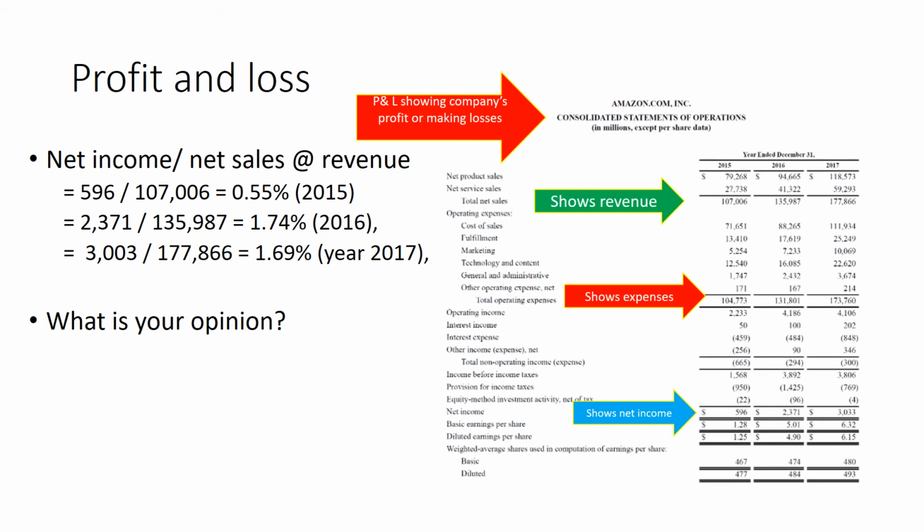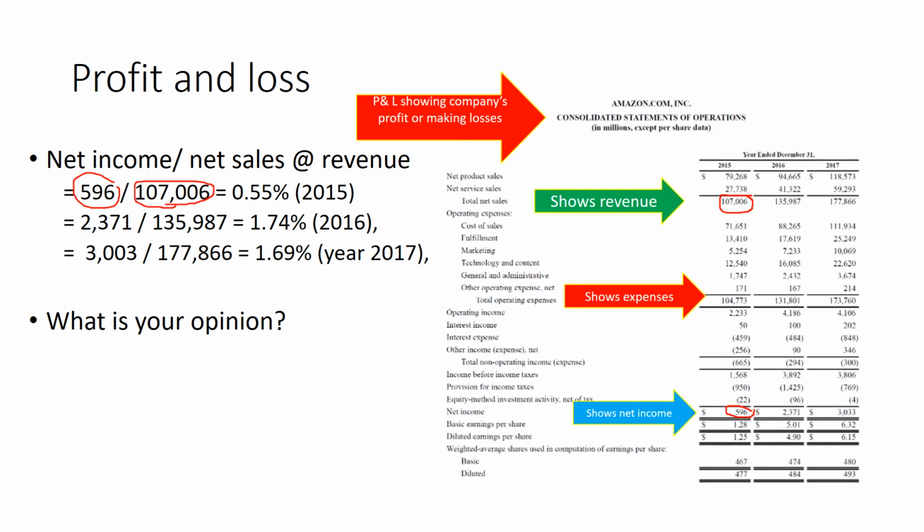Let's see one company's profit and loss. We want to know what the profit is, or whether the company is making a loss, and if possible, we want to know the company's margin. In 2015, the net income for this company is 496, divided by 107,006, which is the revenue.